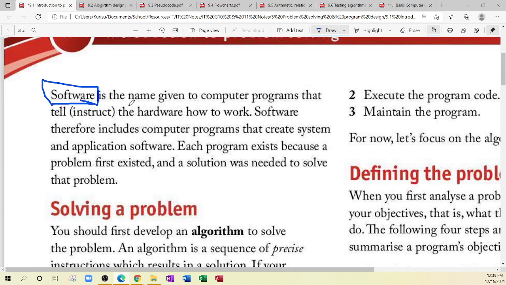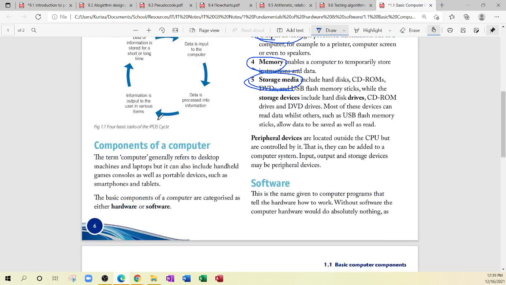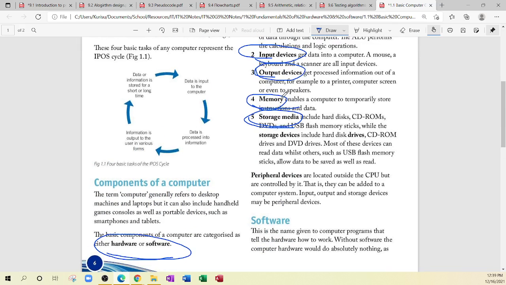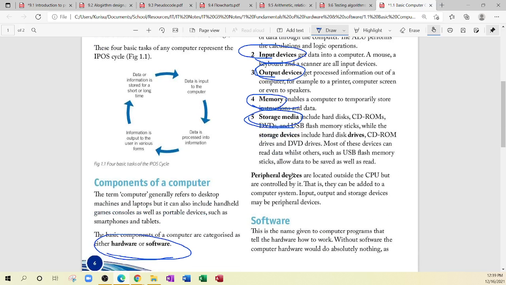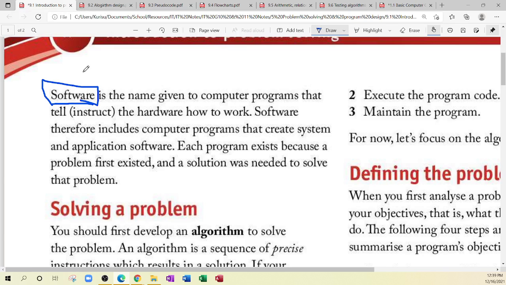Software now. So going back to the components of a computer, the 2 main components are hardware and software. So we just looked at the categories of hardware: the CPU, input, output, memory, and storage. Now, you can have all the best hardware.